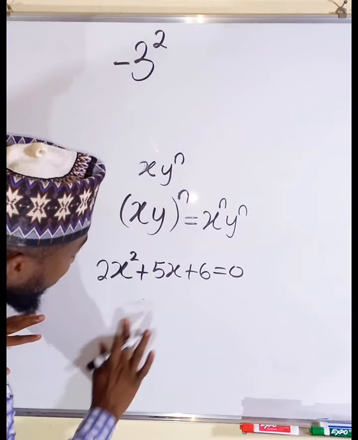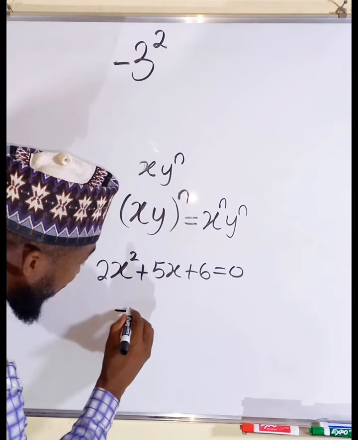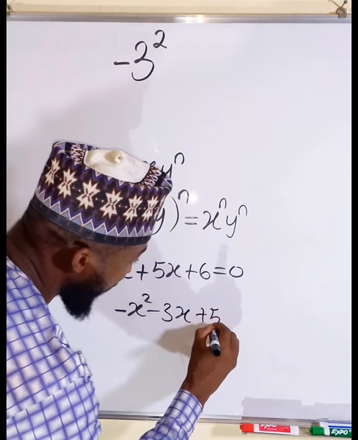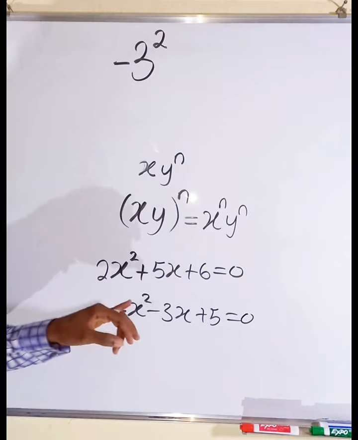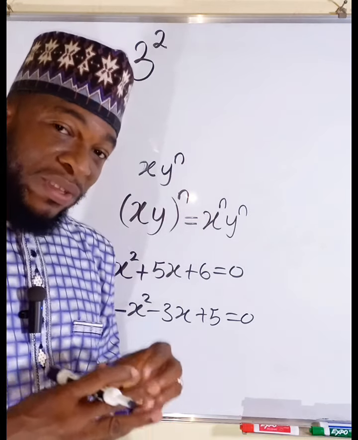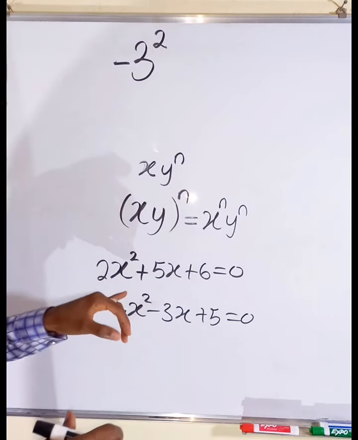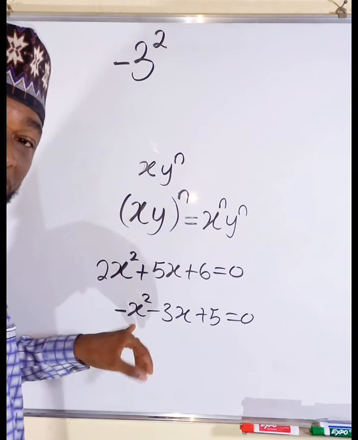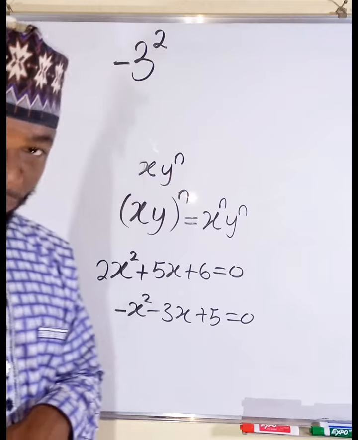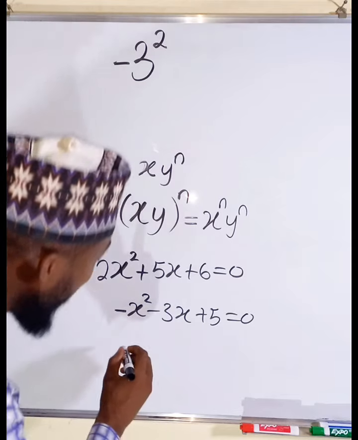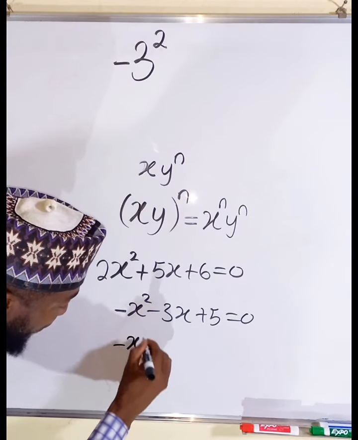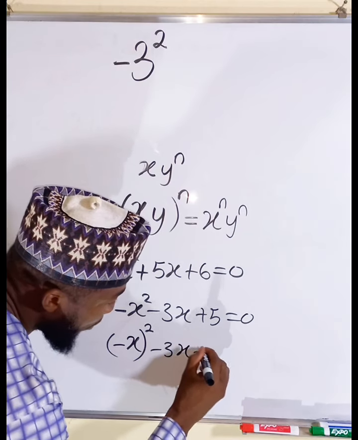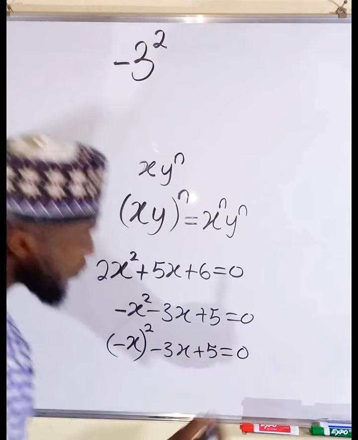And we may have a quadratic equation in this form, negative x squared minus 3x plus 5, for example. The x's are representing numbers here. And we know that this power of 2 is only affecting x, not the negative x. But what if we have (negative x) raised to the power of 2 minus 3x plus 5 equals 0?